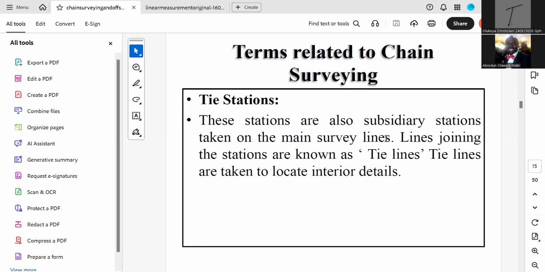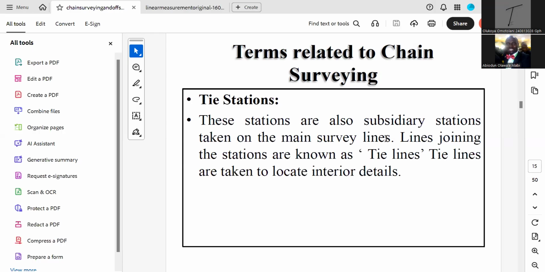Now, tie stations, these stations are also subsidiary stations taken on the main survey lines. Lines joining the stations are known as tie lines. Tie lines are taken to locate interior details. So let me break it further down. When we have a subsidiary station, it can be a tie station.